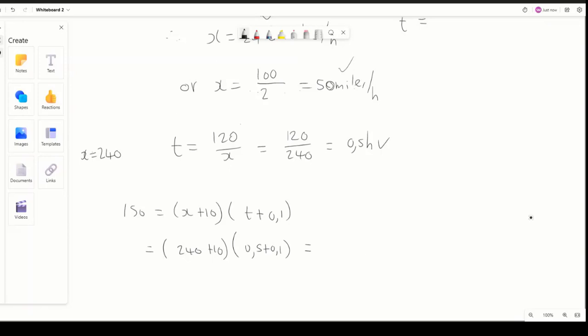Can you guys multiply that out and see if I get the right answer? So 250. And that gives you 150, right? Yes, it does.